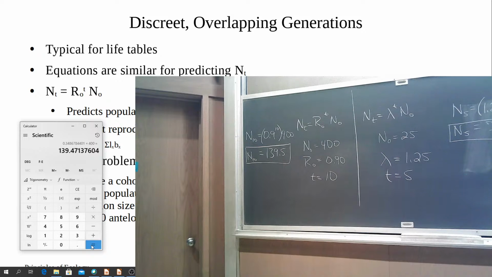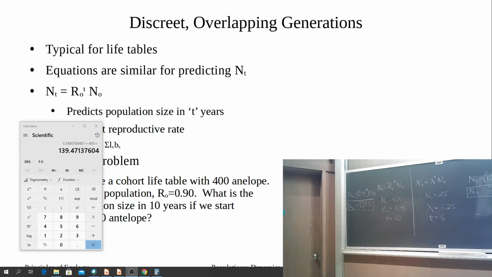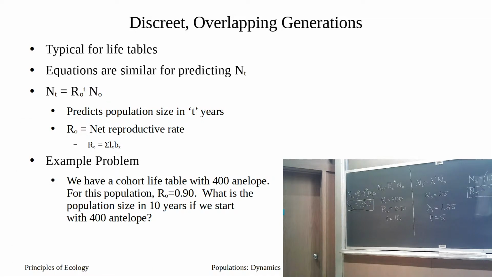Sometimes you might question whether we have a continuous generation or overlapping generation. Sometimes you might not know if it's discrete or continuous. Pay attention to the terminology in the problem. If the problem says net reproductive rate, you should know that that is R naught.